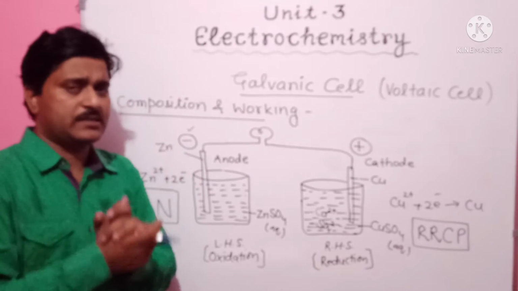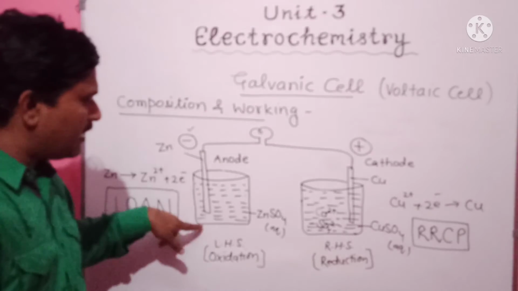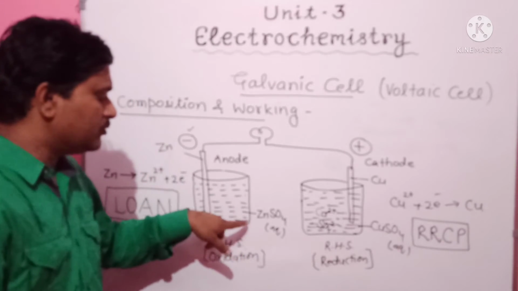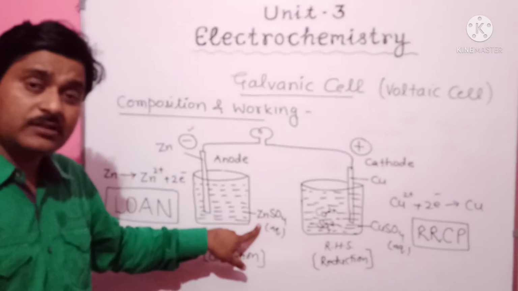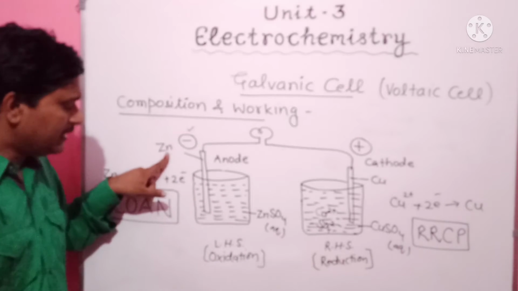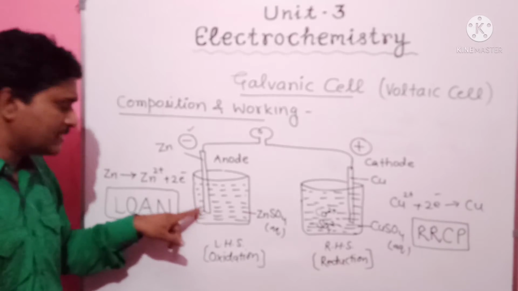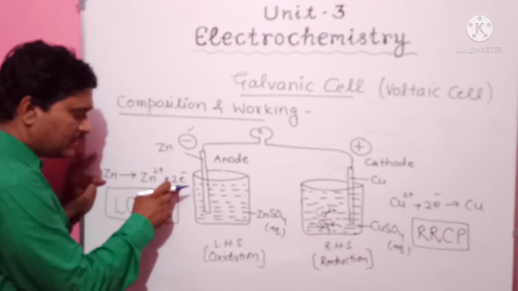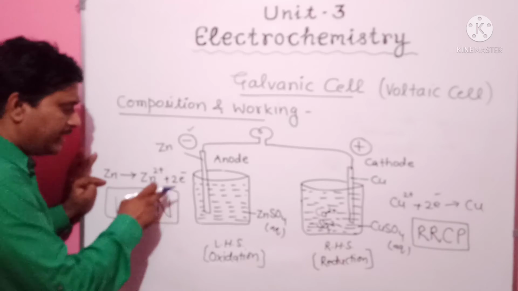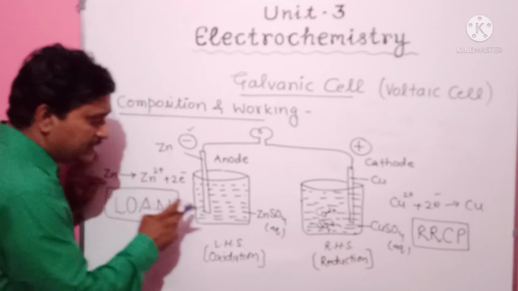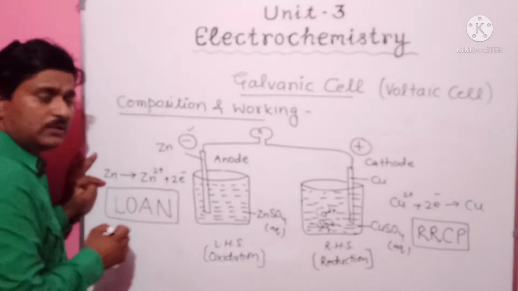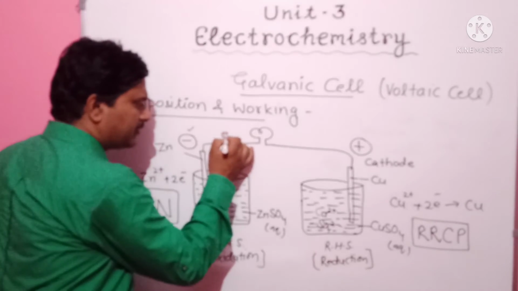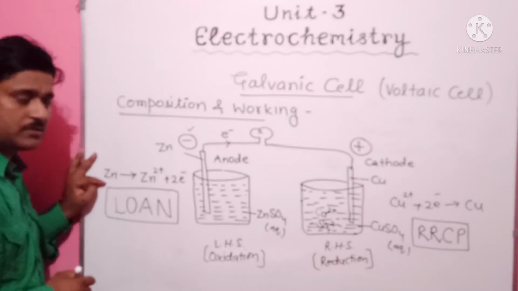Now, what happens when these electrodes are just dipped into their respective salt solution? For example, zinc is dipped into zinc sulfate. Then zinc loses its electrons to change into the zinc ion, and electrons will be free. These electrons are available here at the anode, so they start from here, E for electrons.